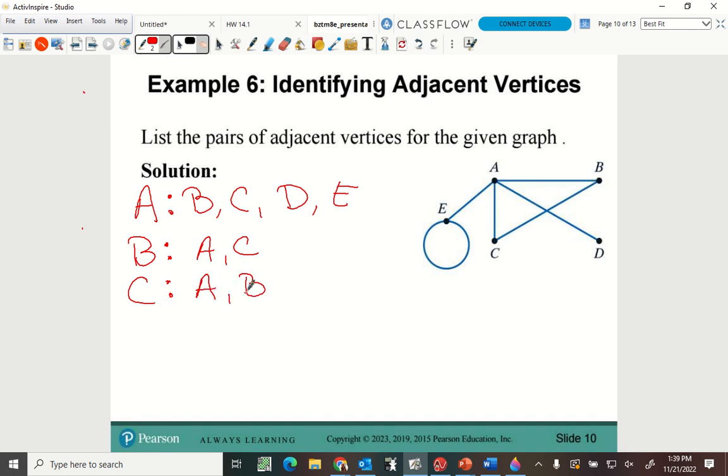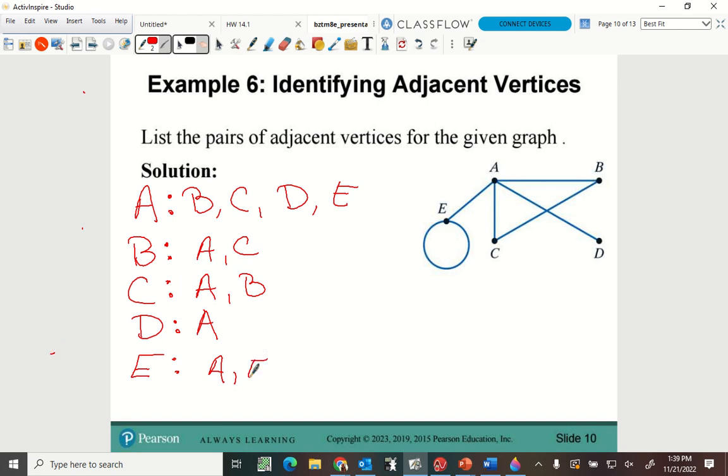We're trying to go in alphabetical order here. D: only A. Yeah, only A. Now E: A and E, because it's going into itself.